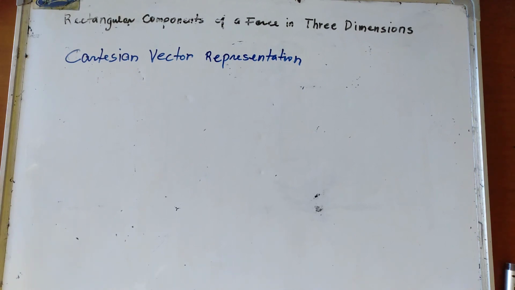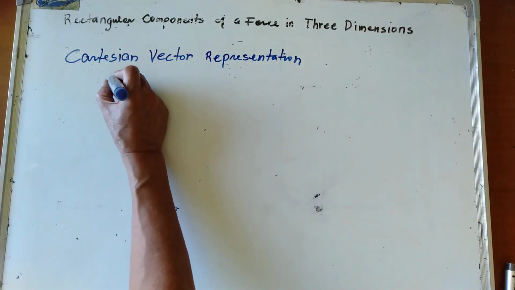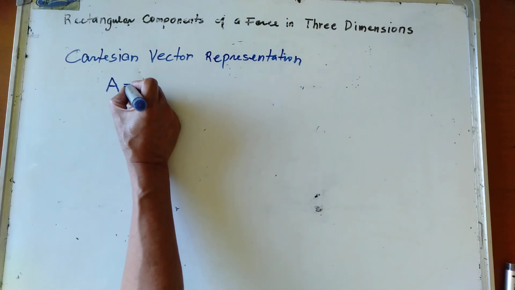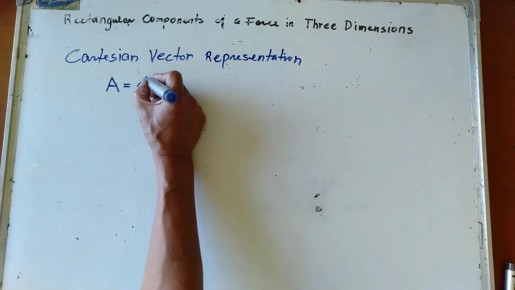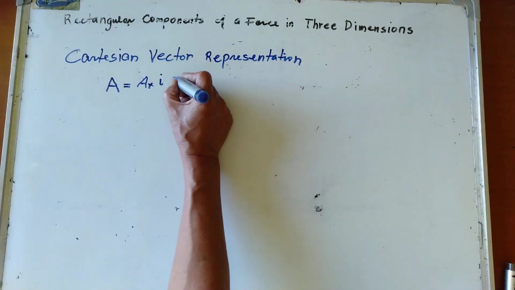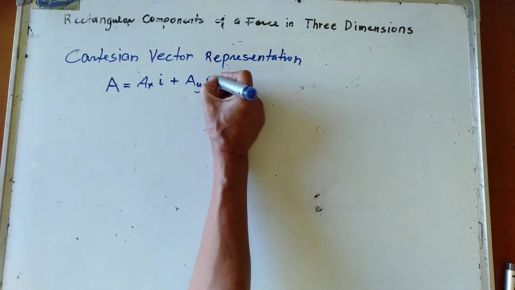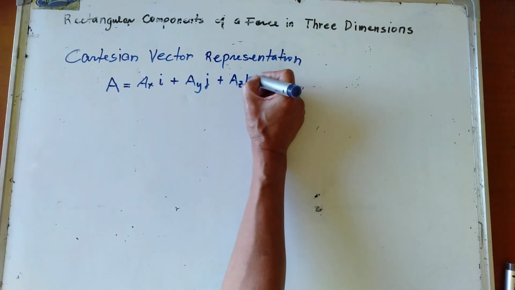Using the properties of vector addition, a vector A can be written as the sum of its three rectangular components: AX multiplied by i, plus AY multiplied by j, plus AZ multiplied by k.